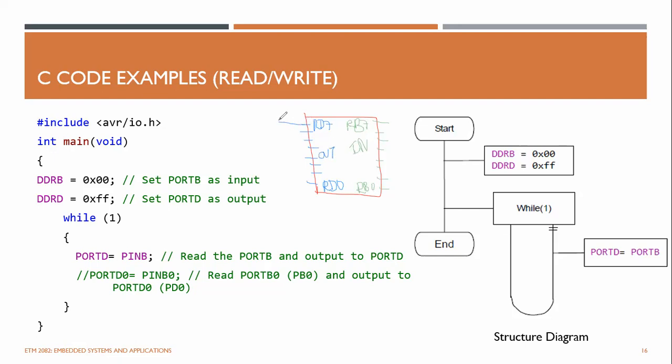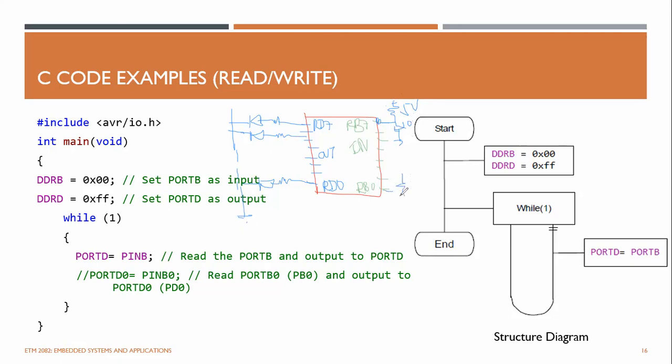So I can connect LEDs here. And I can connect them to some sort of switches, like this one. I can connect it to a switch. By default it is 5 volt, and when pressed it is 0, right?